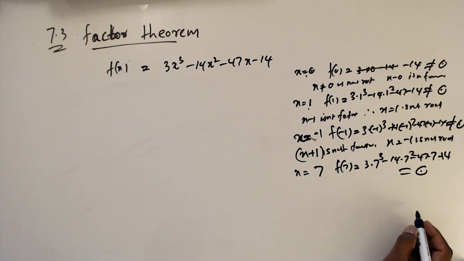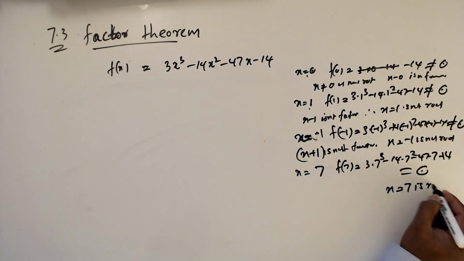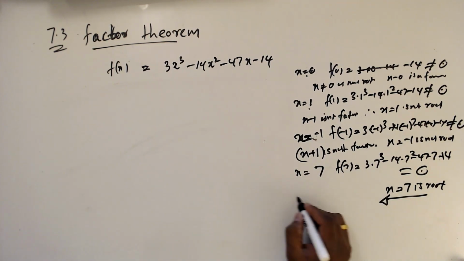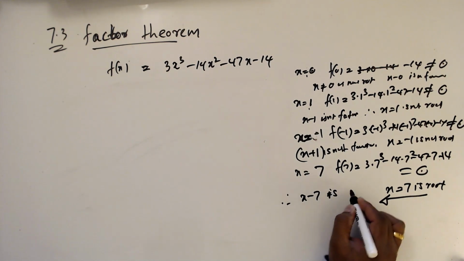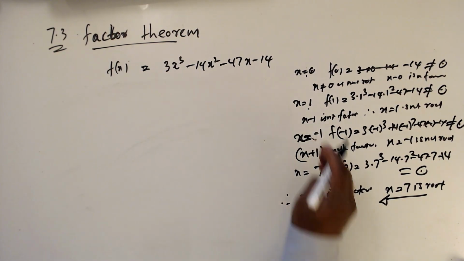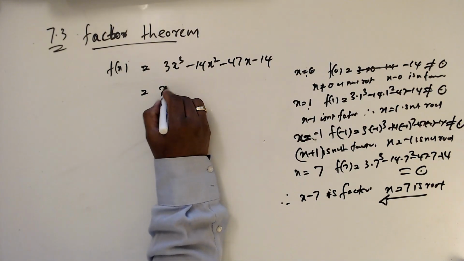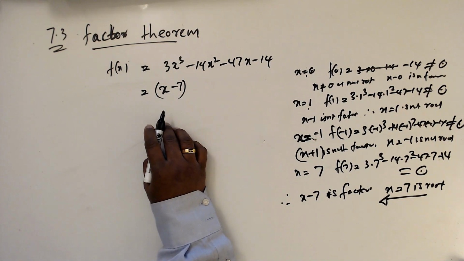Then x equals 7 is a root. Hence, x minus 7 is a factor. Finally, by trial and error, we found one. So x minus 7 is a factor.